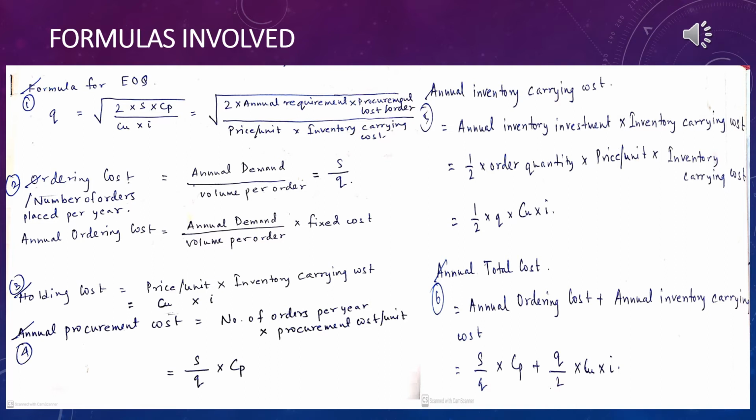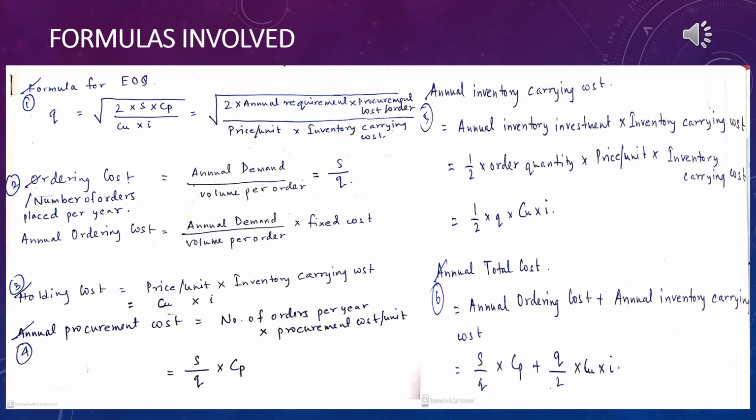Coming back to the calculation here, the first part will be very easy to calculate. As we have calculated in the previous thing itself, the formula for EOQ is root over of 2 into S into CP divided by CU into I. Now we can easily say that 500 units into 12 should get us the annual consumption. 36 is the procurement cost, and most importantly here, CU into I can also be turned into the cost of holding.